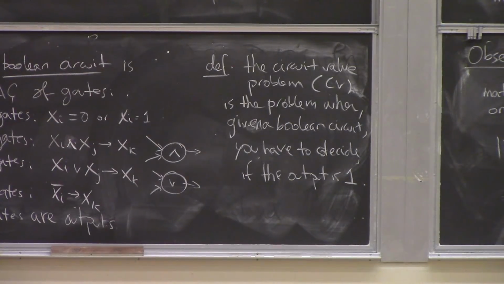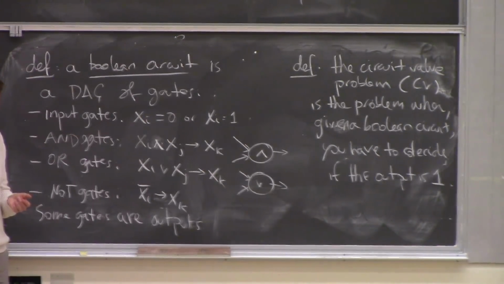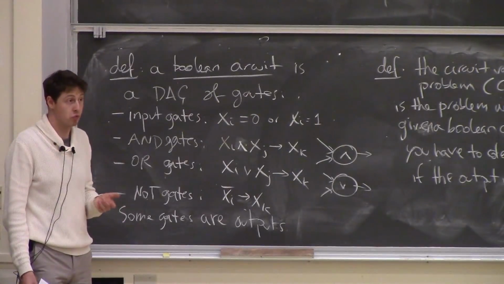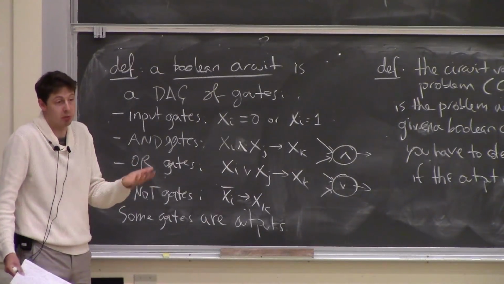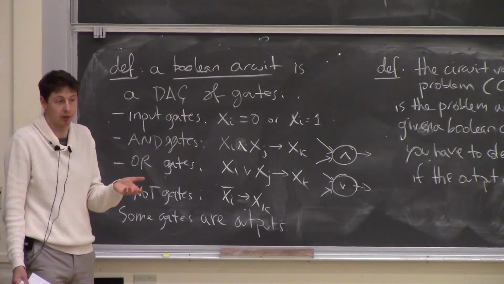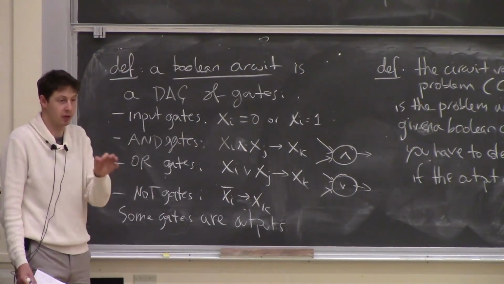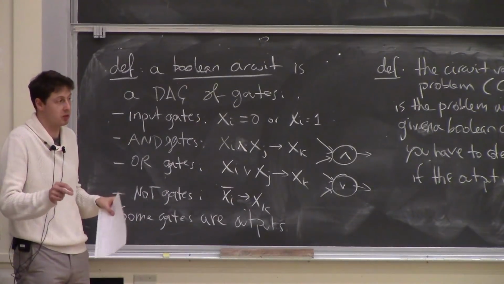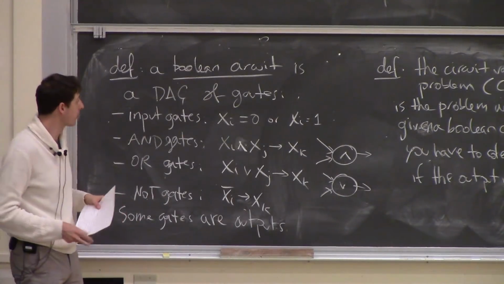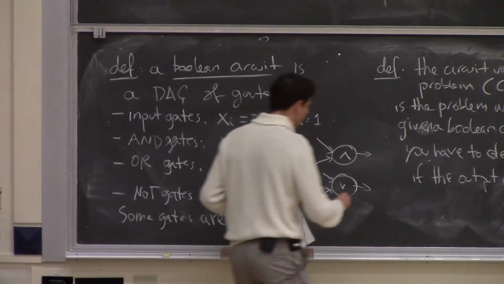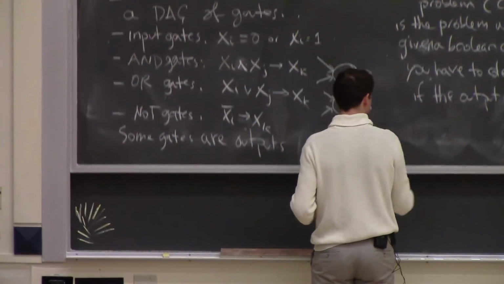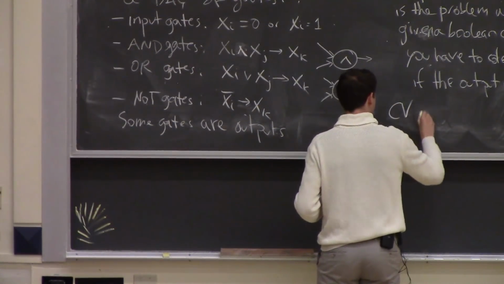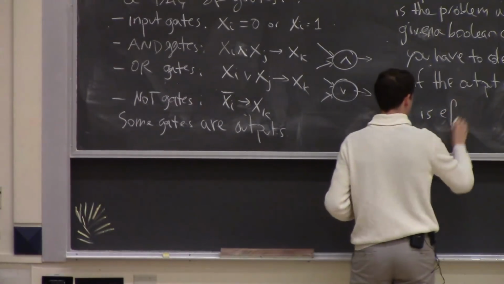Well, it's just like an equation, basically, where your ANDs are just a function of your input. Yeah, so I just go gate by gate. I could, for example, sort the DAG in topological order. And I just very carefully go through and do bookkeeping and say, okay, now I have these inputs, that means that this output is this one. I continue like that until I'm done, right? So this circuit value problem, CV, is efficiently solvable.